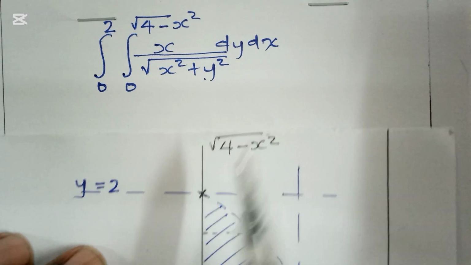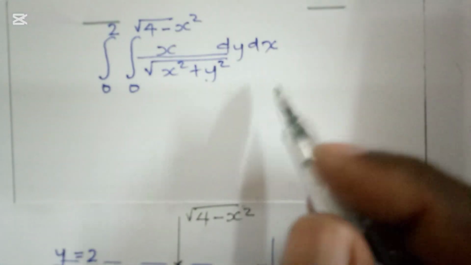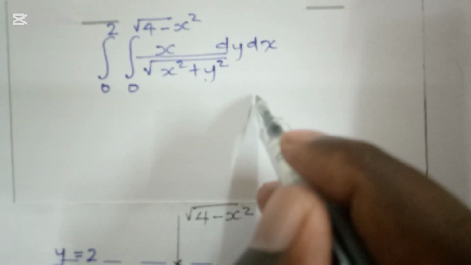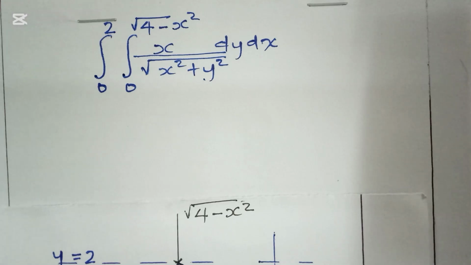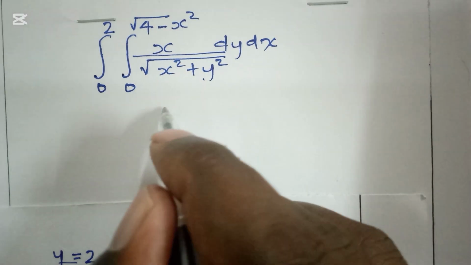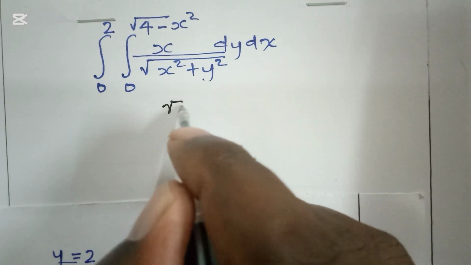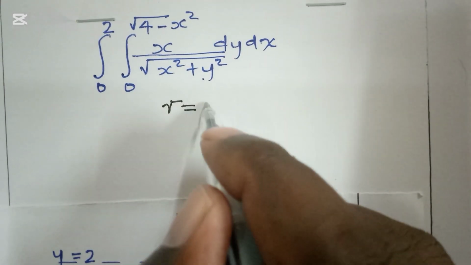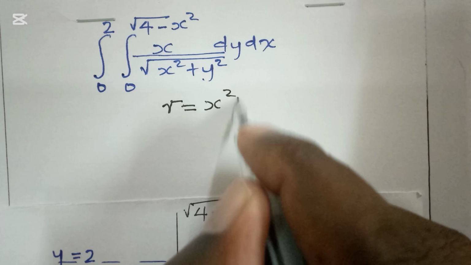So that we have our dy dx. First we shall have r equals x squared plus y squared.